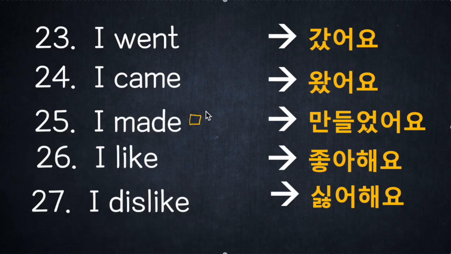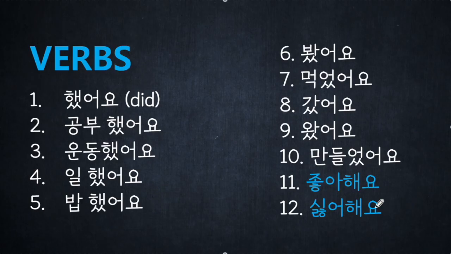It'll sound like 만, 드, 러, 써, 요. 만들었어요. I like, 좋아해요. I dislike, 싫어해요. So far we've learned 12 verbs.